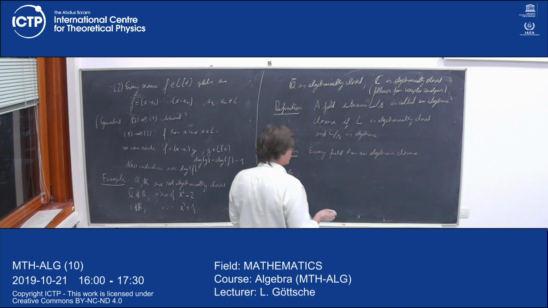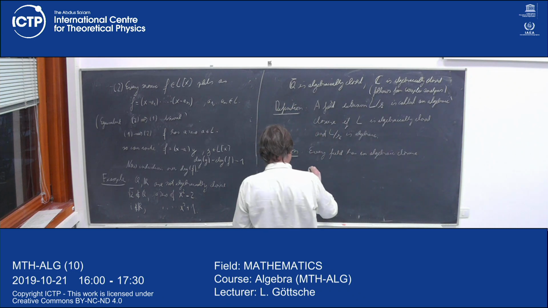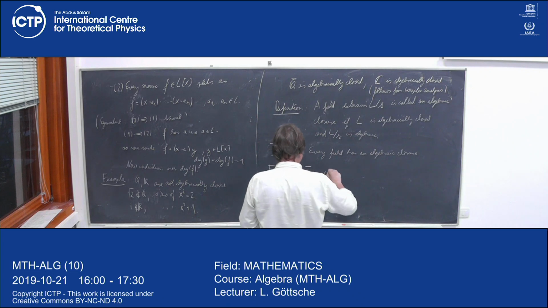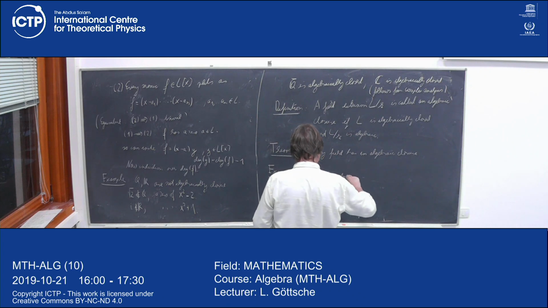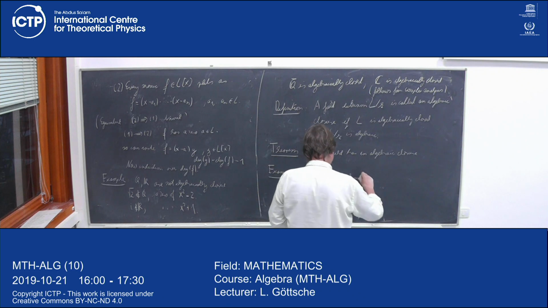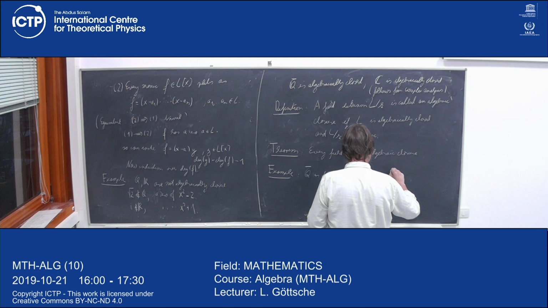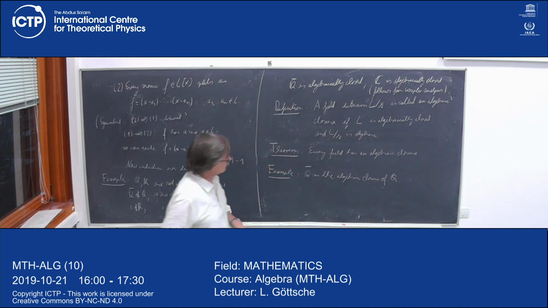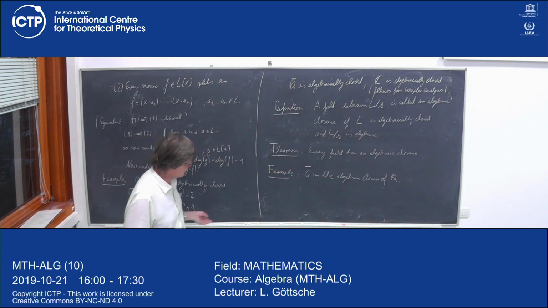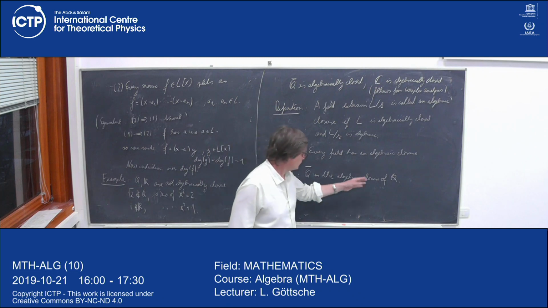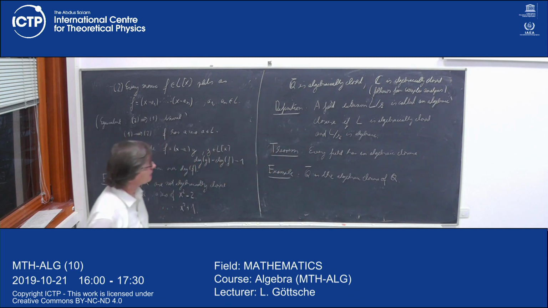And then we can see that Q bar is the algebraic closure of Q. Because we had just seen that Q bar is algebraic over Q, and I had claimed it's algebraically closed.